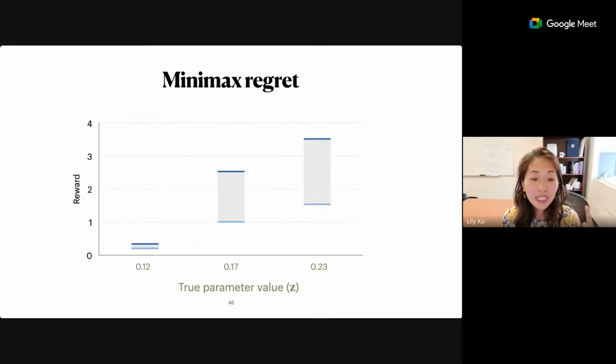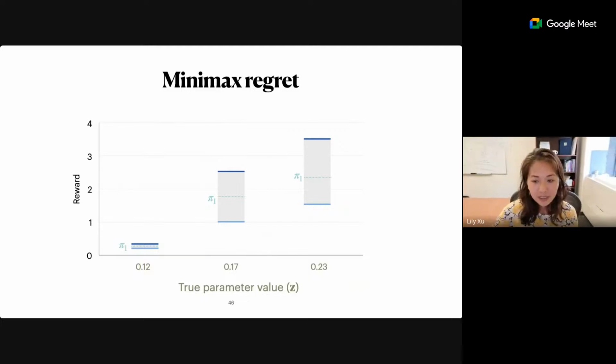Now, if we were to take a single policy, pi1, and apply that to all 3 settings, it would achieve different reward based on the 3 settings. The current objective that's often used for robust planning with reinforcement learning is maximizing the minimum reward. Here, the minimum reward is in this first setting.